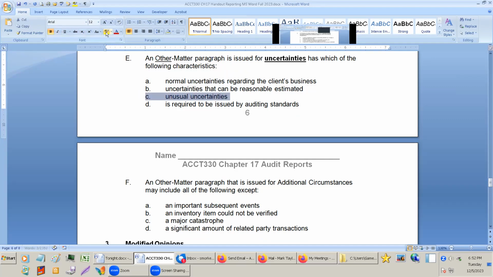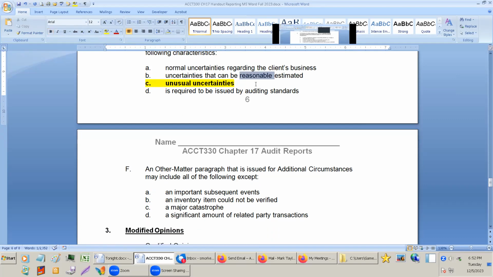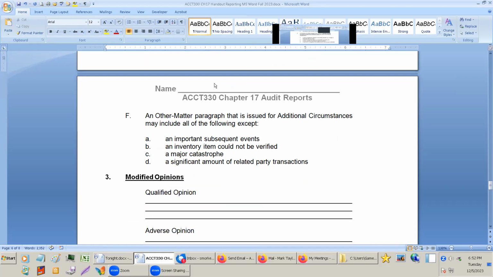You put in unusual ones, things that you may think are important, but they're not disclosed. Things that could be reasonably estimated are not uncertainties. And there are a few things in here, but they're not required, and they're not the normal uncertainties. So yeah, it's unusual ones.